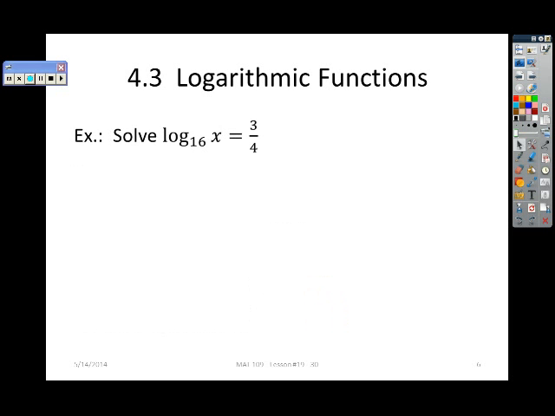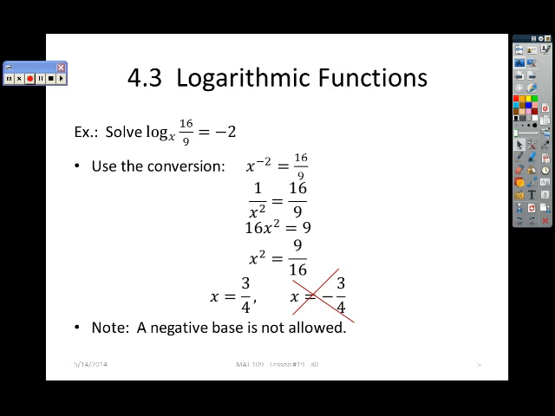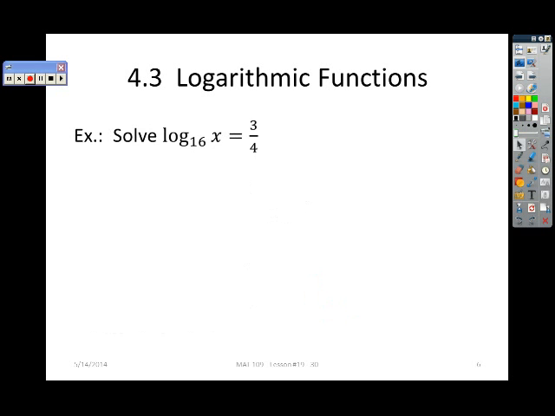We could also have our variable be the number we're taking the logarithm of. In the previous one, our variable was in the base. In this one, our variable is the number we're taking the logarithm of. We're still going to do the same thing because we can't solve a logarithm, so we're going to convert that to the exponential form.